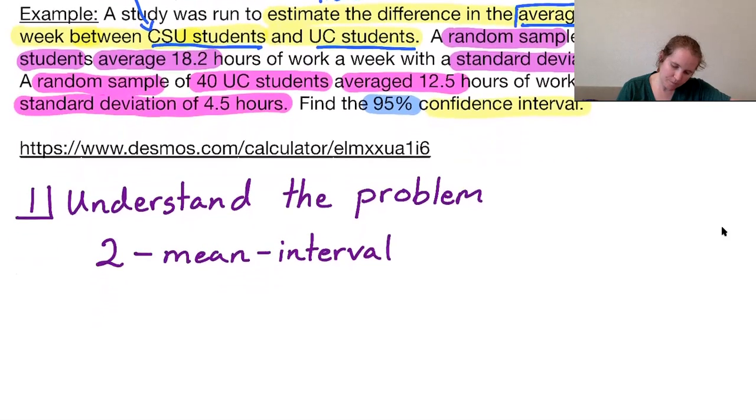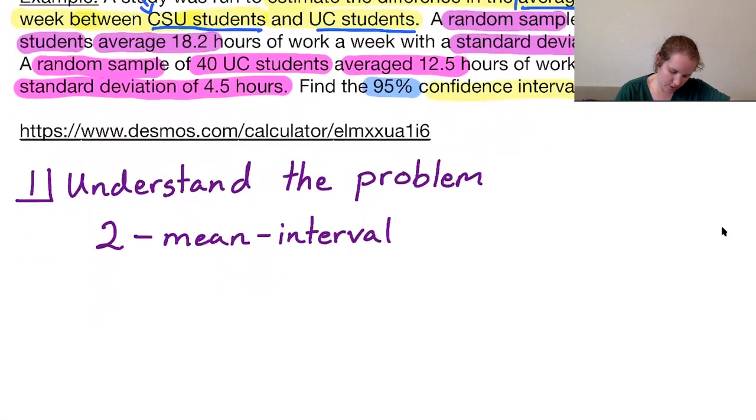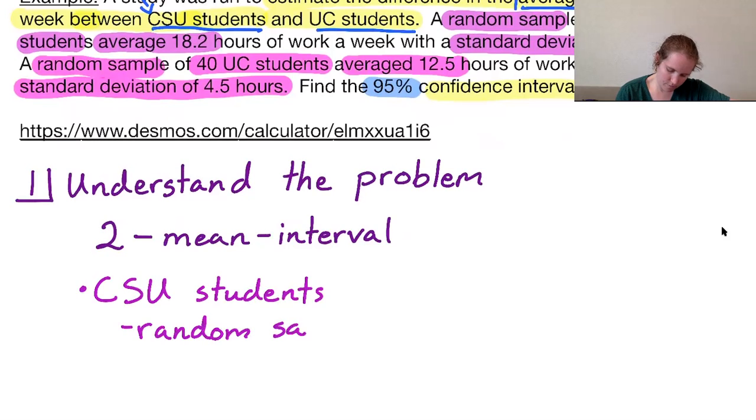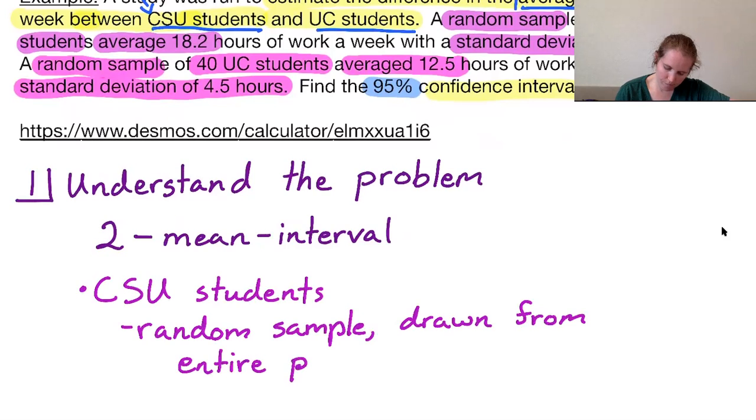And then for our CSU students, we have a random sample drawn from the entire population. And then we are told that that sample had 50 students.